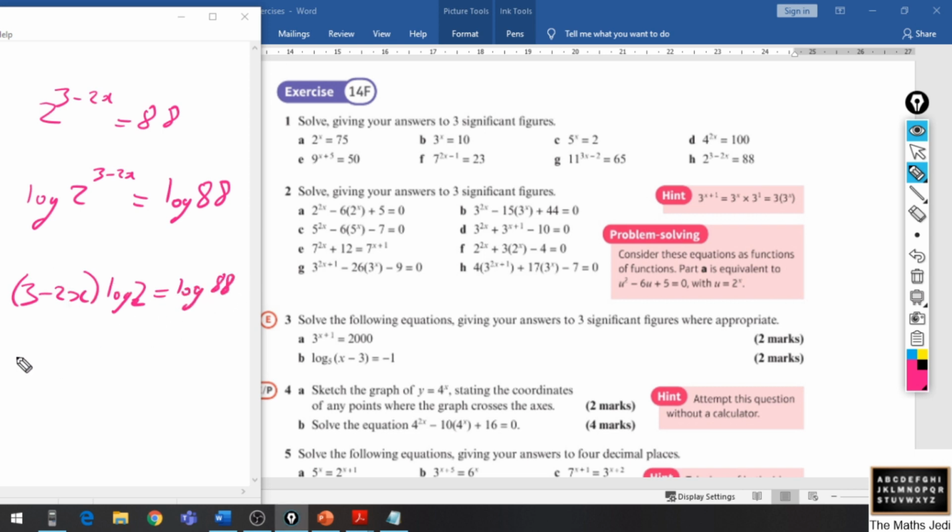We're going to divide through by log 2. And then we're going to rearrange to give me the x values at the end.